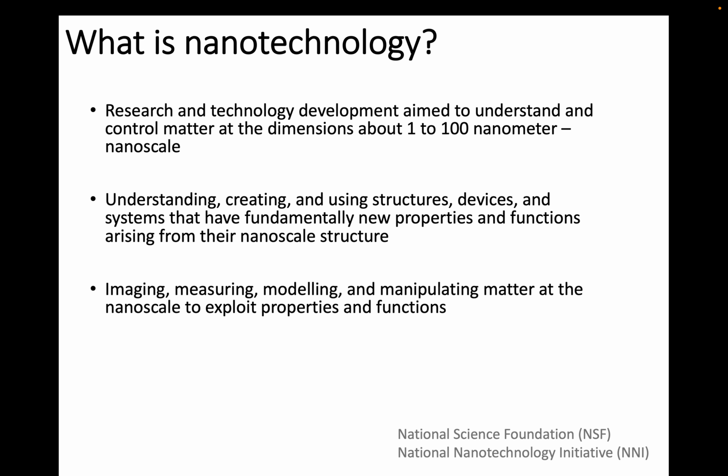And also, because it's so small, we want to image, and also we want to manipulate matter in a controlled manner. Okay, and also we want to measure those material properties. These are so small. How are we going to measure material properties?